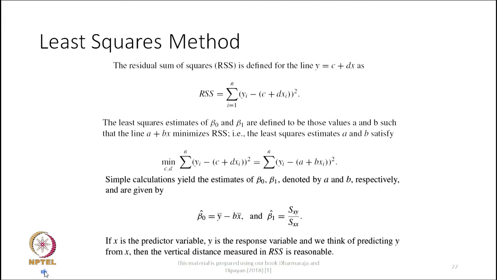The least squares estimates of beta naught and beta 1 are defined to be the values a and b such that the line a plus bx minimizes the residual sum of squares. That means the least squares estimates a and b satisfy the minimum over c and d of the summation, which is the same as the summation of yi minus a plus b xi, the whole squared.